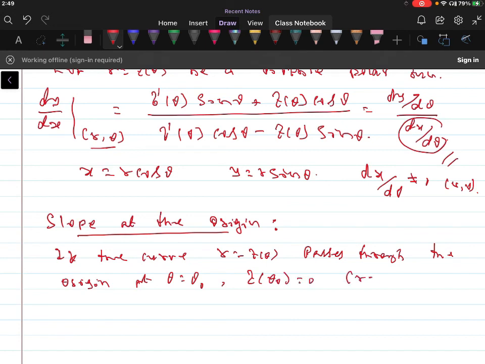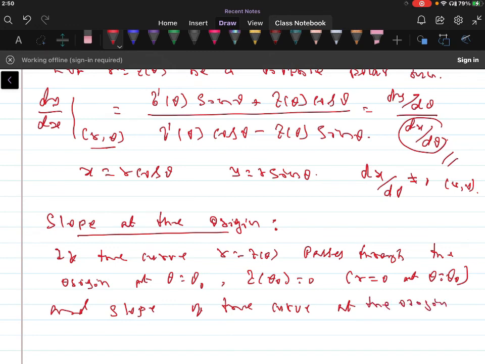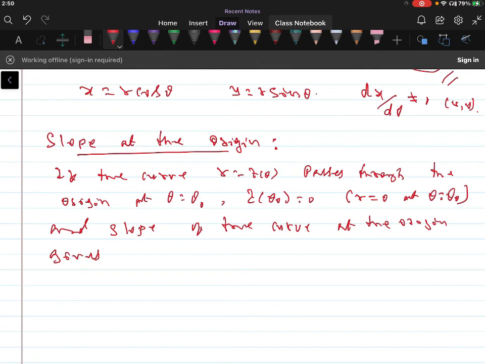It means r is equal to 0 at theta is equal to theta naught, and the slope of the curve at the origin gives the formula: dy by dx at the point r is equal to 0 and theta is equal to theta naught is equal to tan theta naught.